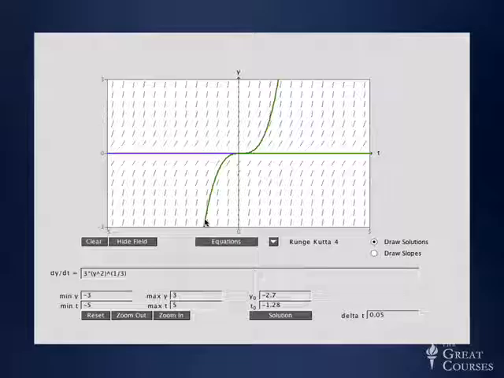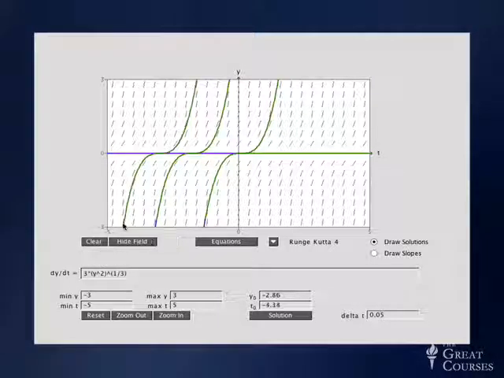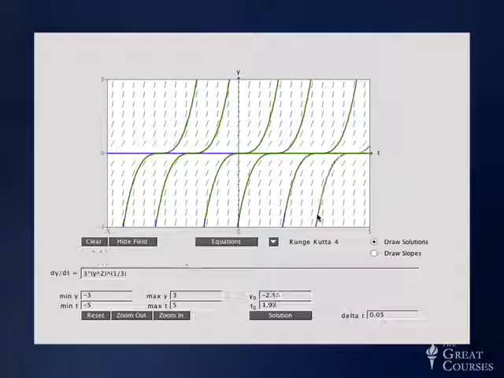Looks just like the graph of t cubed. It crosses my equilibrium solution. That's forbidden if the right-hand side is nice, but if it's not differentiable, it happens. And in fact, infinitely many of these solutions cross our equilibrium solution because y equal to 0 is a bad point.